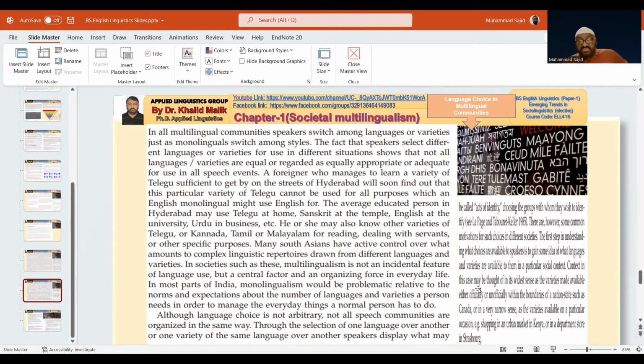Context in this case may be thought of in its widest sense as the varieties made available either officially or unofficially within the boundaries of a nation state such as Canada, or in a very narrow sense as the varieties available on a particular occasion, for example, shopping in an urban market in Kenya or in a department store in Strasbourg.